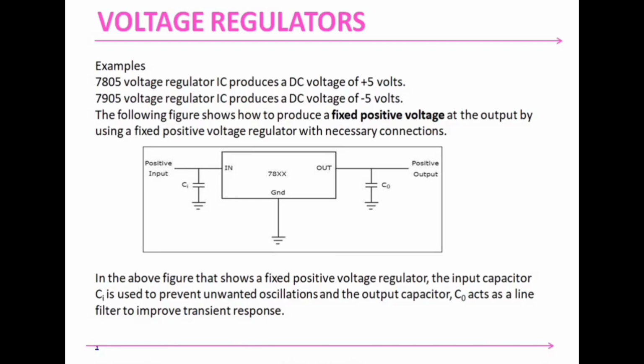So this is a figure which produces fixed positive voltage at the output by using a fixed positive voltage regulator with necessary connections. To the positive input, you have to connect the unregulated input voltage, and you will get the regulated DC output voltage at the positive output.